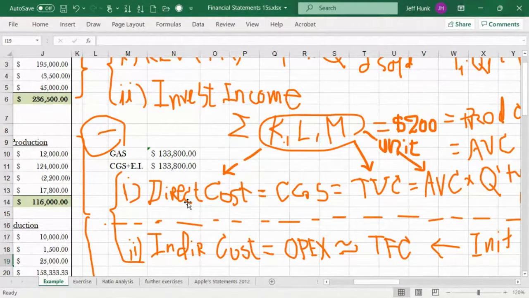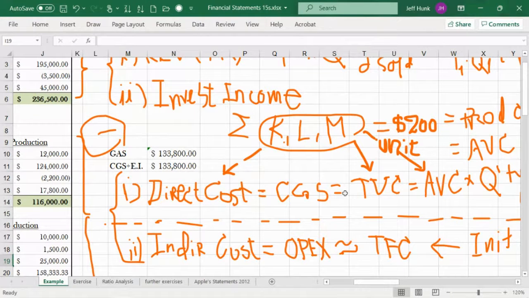But if you produce 0 units, what should the direct cost be? Direct cost is 0. Of course, it should be 0. In other words, it's perfectly commensurate with the output level.